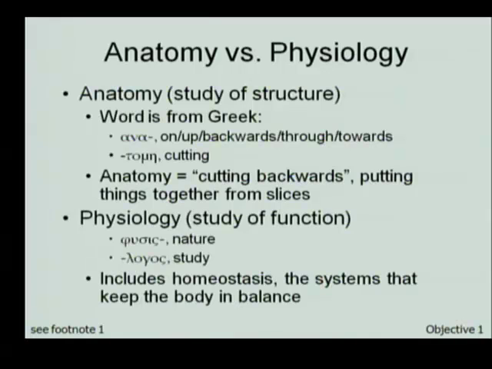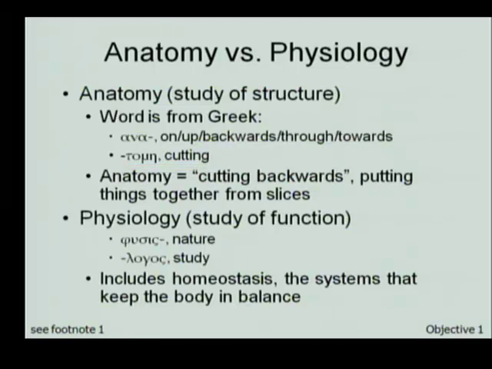Objective 1 is to state the definition of anatomy and of physiology. So the definitions are given here, and also what I've done is I've broken down the words and looked at their Greek roots. If you can transliterate, if you can move across the Greek symbols into English or the Roman alphabet, if you will, then this is ana, which means on, up, backwards, through, towards, and tumi, which means cutting.